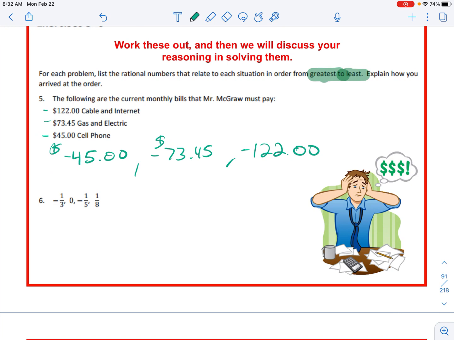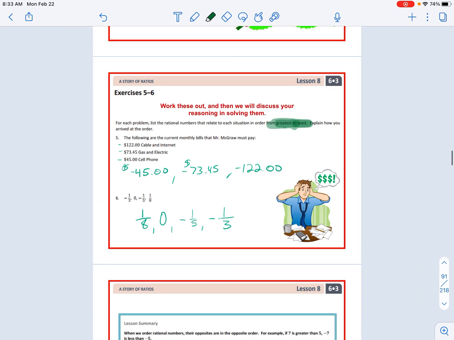Okay, so the biggest number is going to be 1/8 because it is positive. Then we have 0. Then we're going to have negative 1/5. And then we're going to have negative 1/3. Okay, and that's the order from greatest to least.